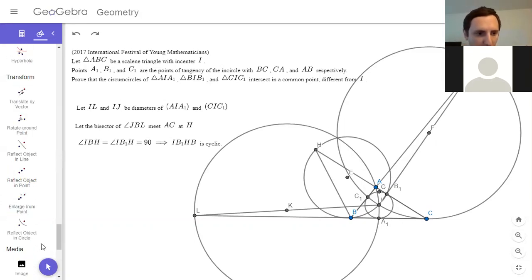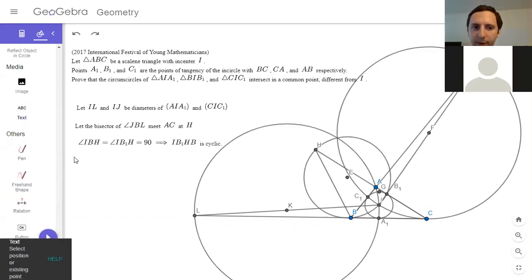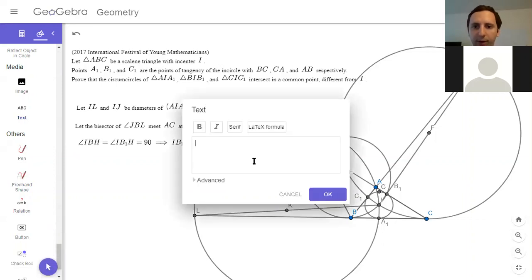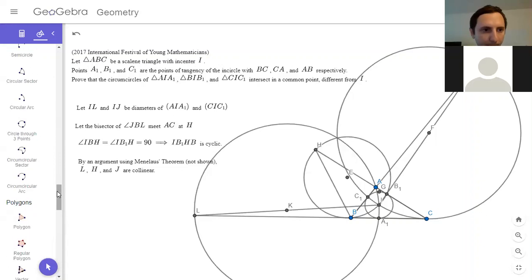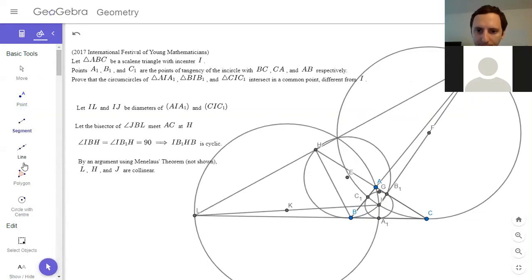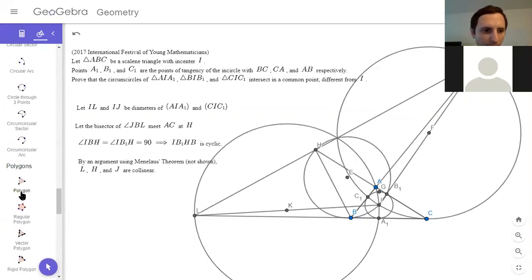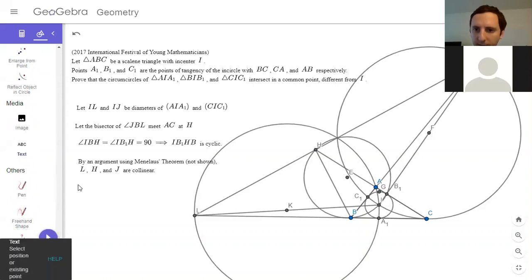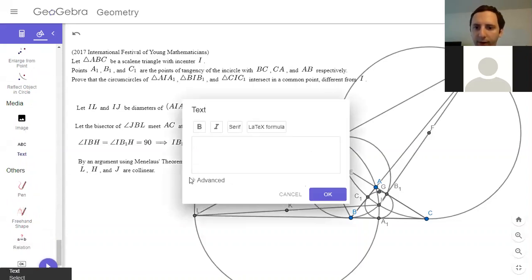I'm just going to write it out quickly, since I'm just going to say by an argument using Menelaus' theorem, L, H, and J are collinear. Right. And then KEF is a midline in triangle IJL.